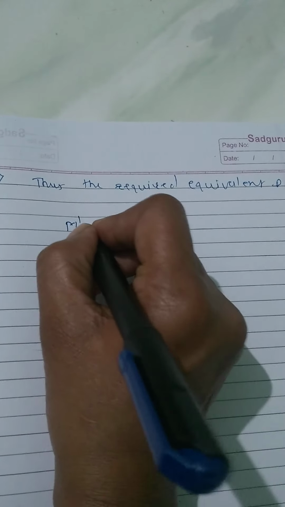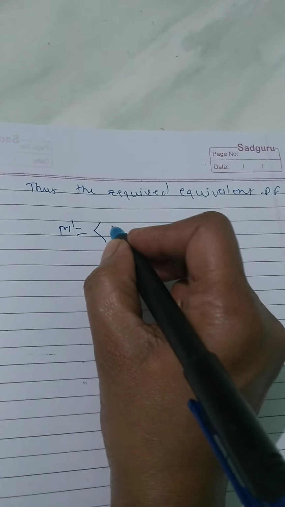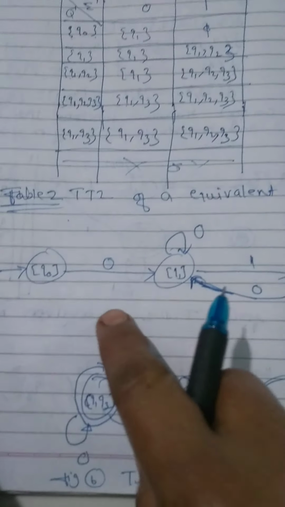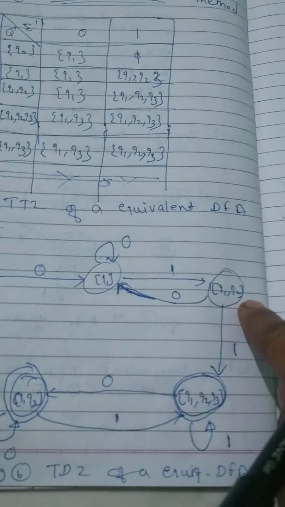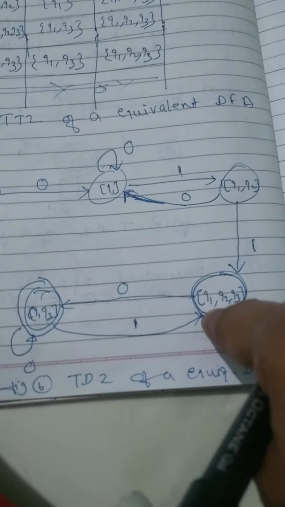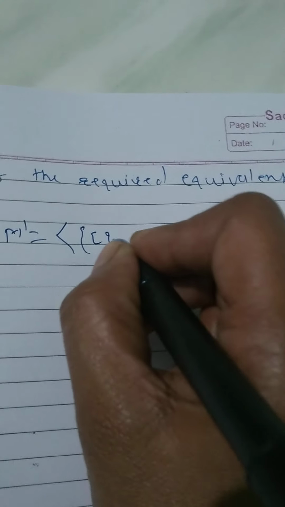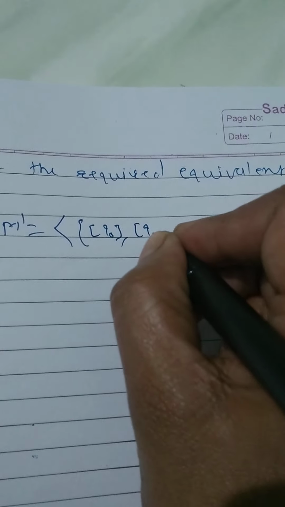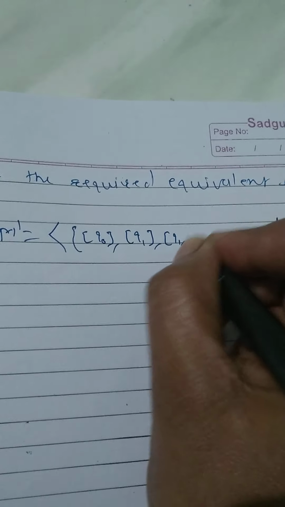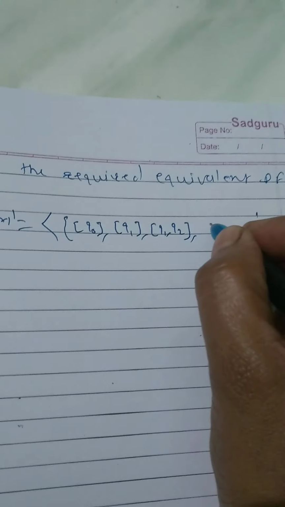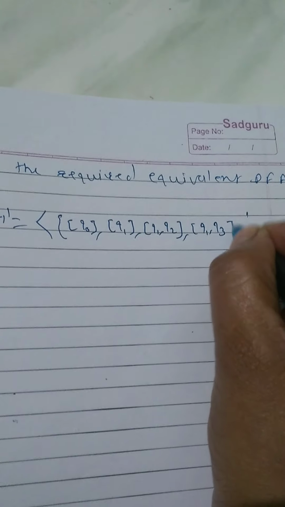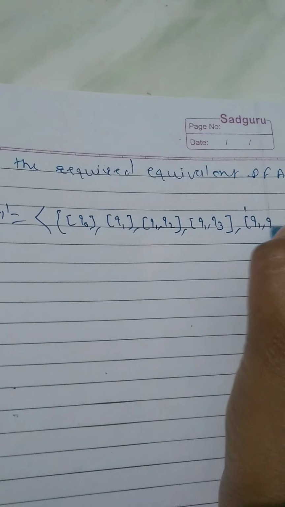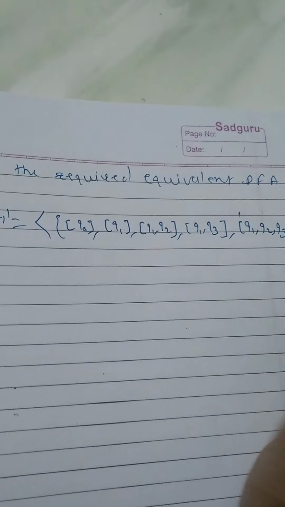M dash is equal to Q dash. Whatever subsets we obtain here, this is Q0, Q1, then Q1 Q2, then Q1 Q3, Q1 Q2 Q3. So write all in square brackets: Q0, Q1, Q1 Q2, then Q1 Q3, and Q1 Q2 Q3.